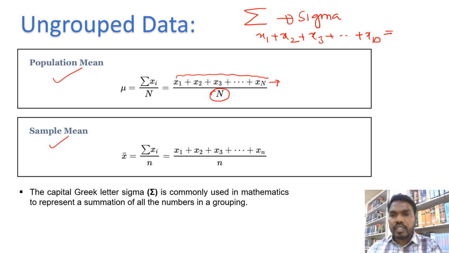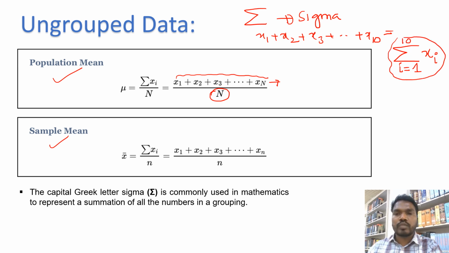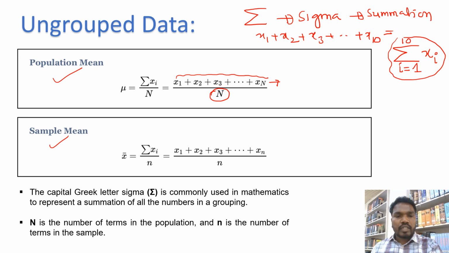To write it in shorter notation, I use the symbol sigma, write the observation x with an index i, and this i runs from observation 1 to 10. So this is a shorthand notation, right? Therefore sigma denotes the summation. And as I said, capital N is the population size, and small n represents the sample size.